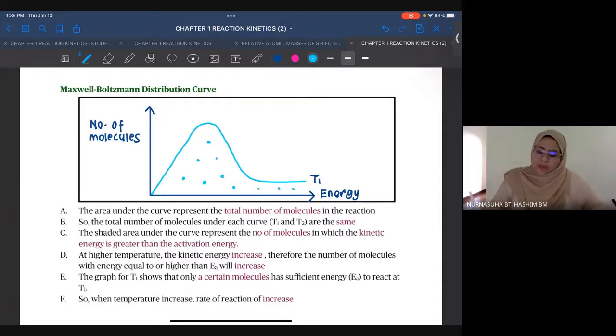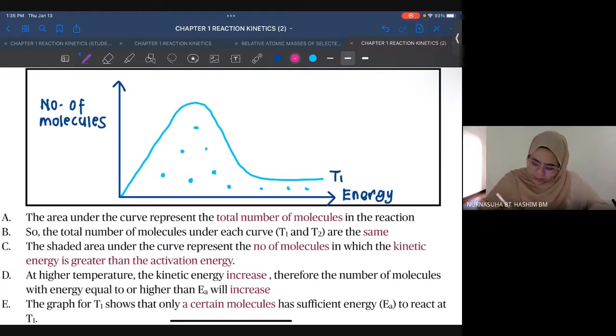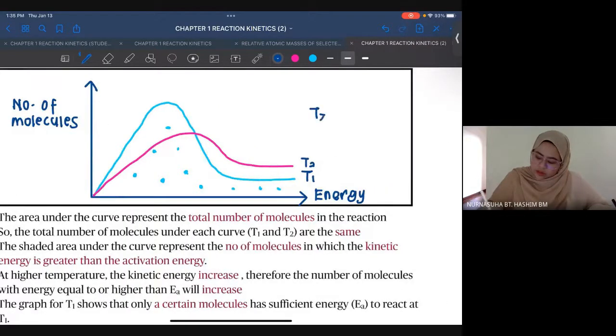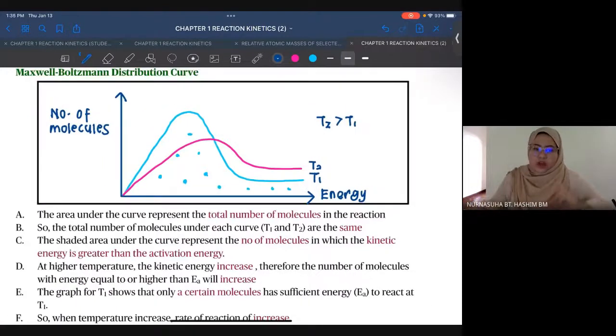Okay, so what happen when we increase the temperature? Okay, bila kita tambah suhu, what happen is graf tu akan berubah sedikit jadi kendur. So that is the T2. T2 greater than T1. Okay, walaupun ada dua curve kat sini, dia bukannya bermaksud ada dua situasi.